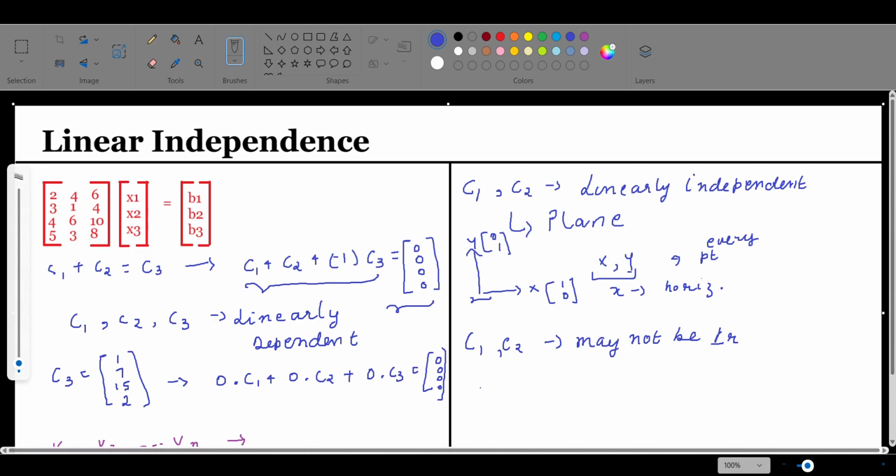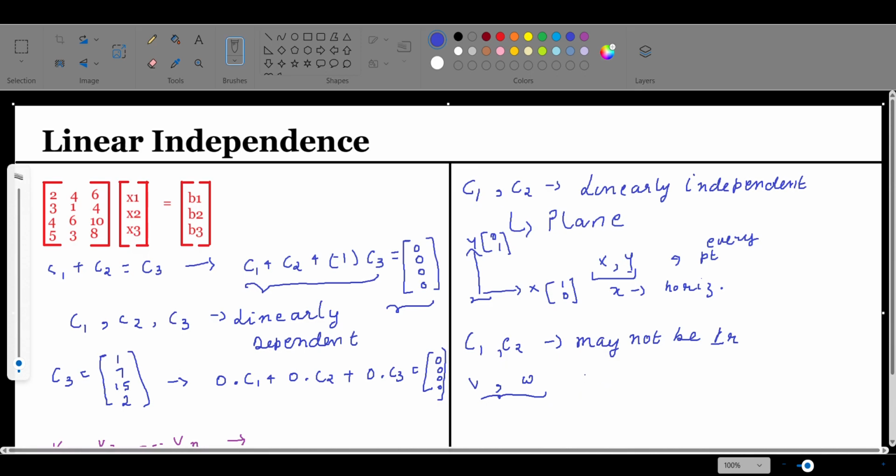Okay. Now, what does this mean? Let me tell it to you with an example. So let's say you had a vector v, and you had a vector w. Okay. The only way these two vectors, and let's say they're both two-dimensional vectors, okay? The only way these two vectors could be dependent on each other is if one was a multiple of the other.